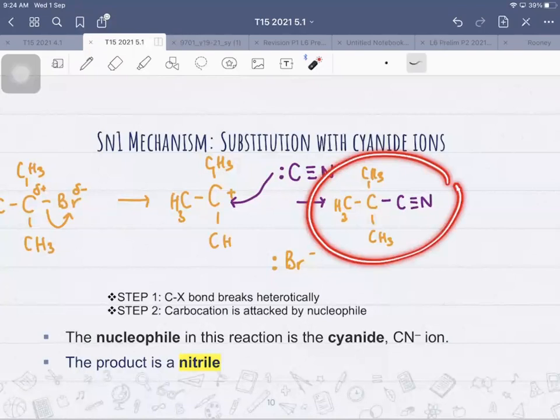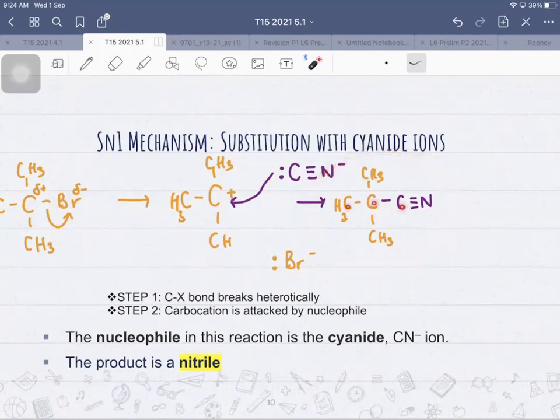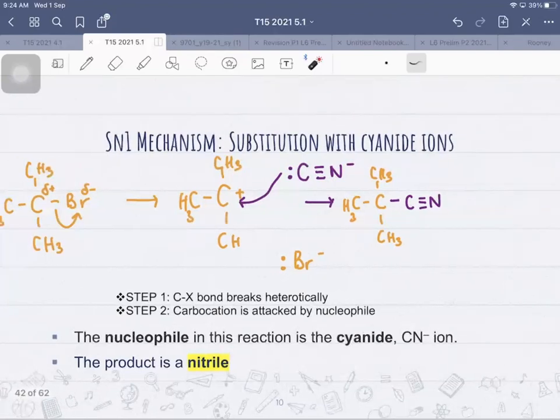Okay, so I wouldn't stress out on the naming, but 1, 2, 3, so that's a propane nitrile. You've got dimethyl. Okay, 2,2-dimethyl propane nitrile, but I'll just leave it like that for now. The reason is because we're not even going to look at nitriles in A level.